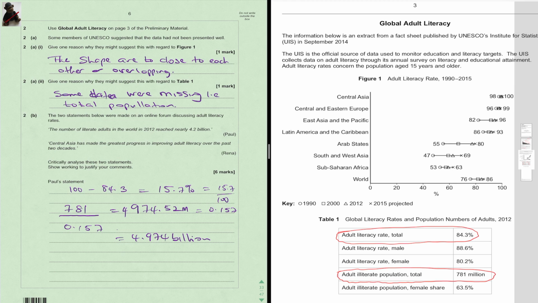So that's nearly 5 billion, but 84.3% are the literates. So we do 4974.52 million, let's just make it more accurate, times 0.843.